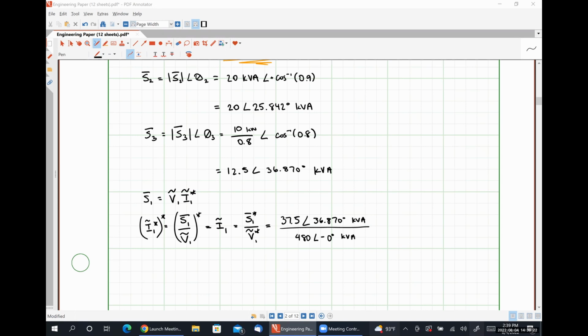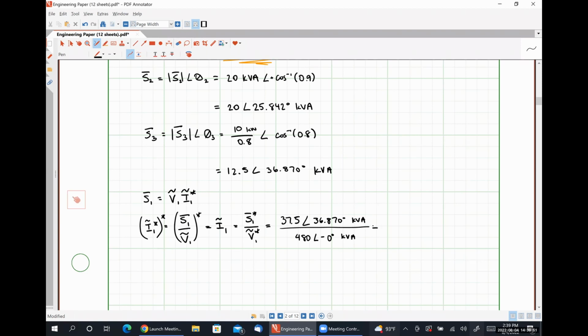All right, so let's throw this in my calculator: 37.5 with an angle of 36.870 divided by 480. Multiply that by 1,000 to make it in amps versus kiloamps.